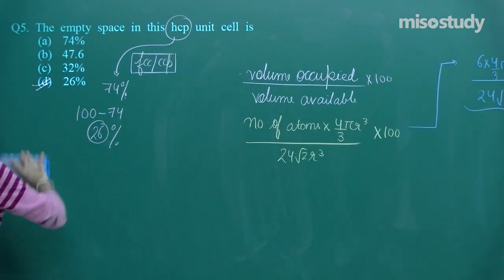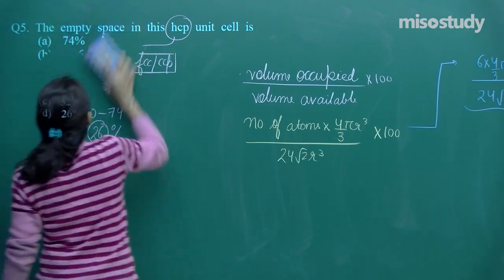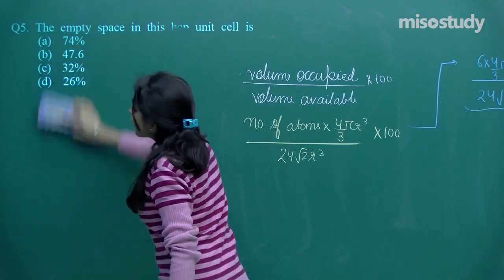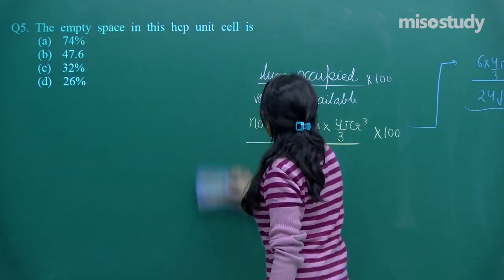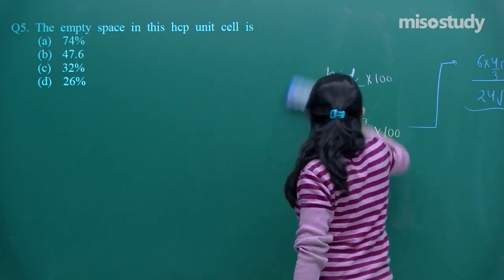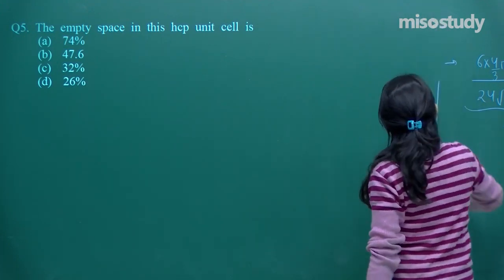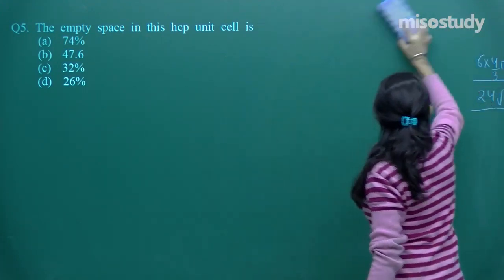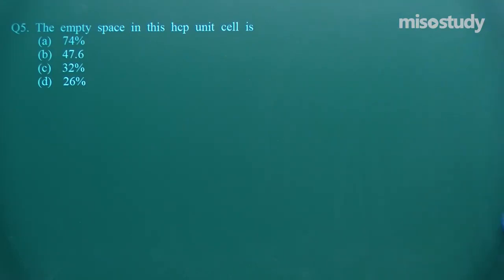Okay guys, I think every one of you is now done with question number 5 as well. Having done this much, now we need to move on to question number 6. But let me just clear the board for you. So let's see what is said to us in this particular question.